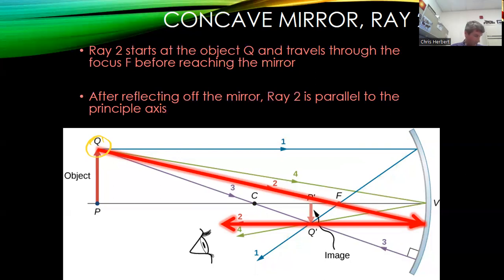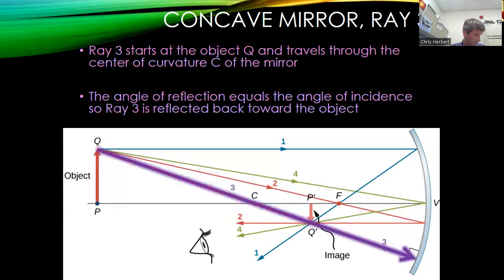And again, by geometry, if I draw a line between our center of curvature and the surface of the mirror, we can see that the angle of reflection is equal to the angle of incidence. All right, so again, in drawing these images, we typically take the top of the object, and here you can see the object is right here. Start your ray there, send it toward the mirror, and then where it intersects is going to be the place of your image.